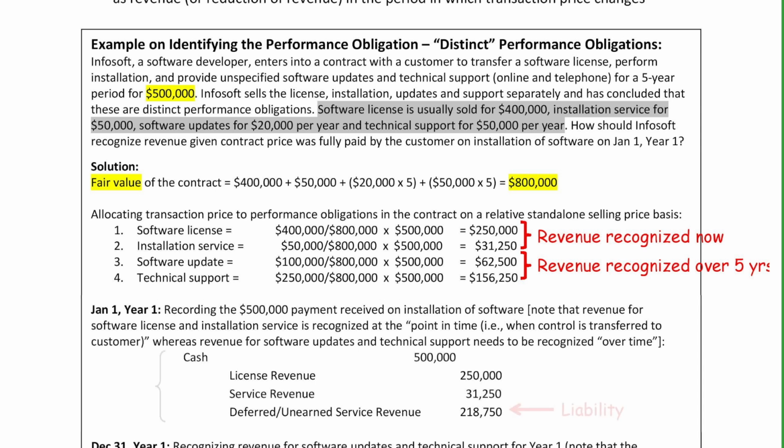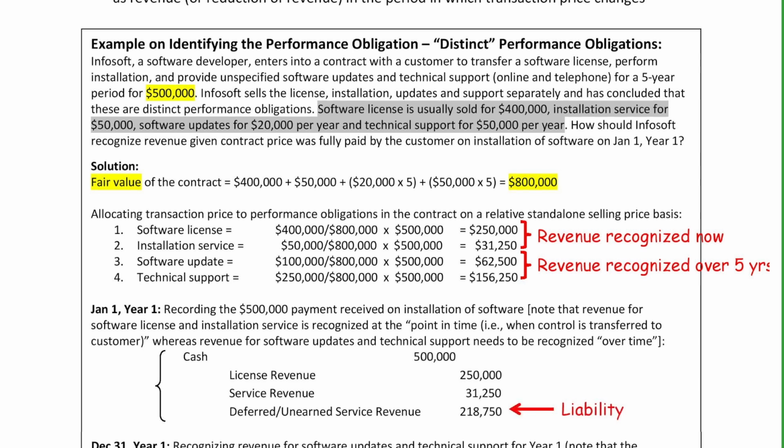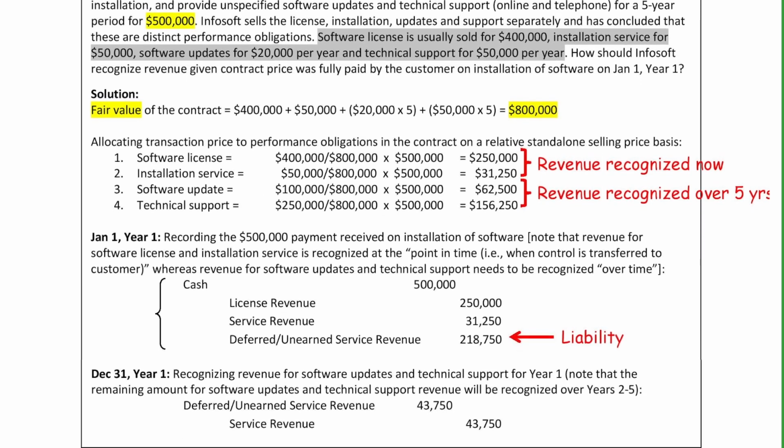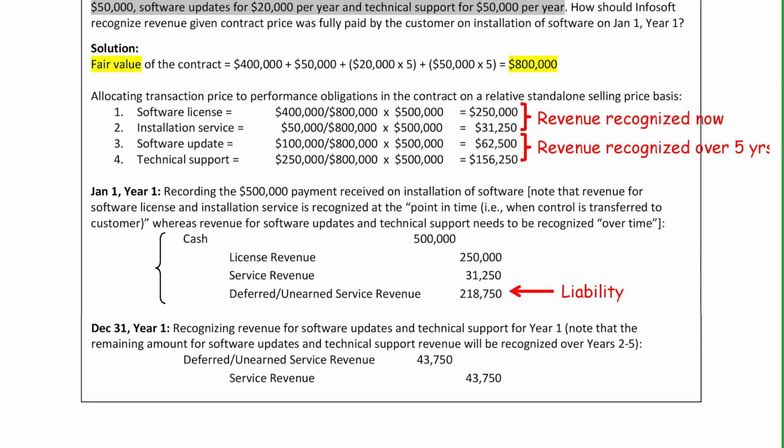Put a bracket and write liability. And this deferred or unearned revenue would be recognized as revenue over the next 5 years. So right there, one-fifth of the liability is going to be the revenue every year over the next 5 years.